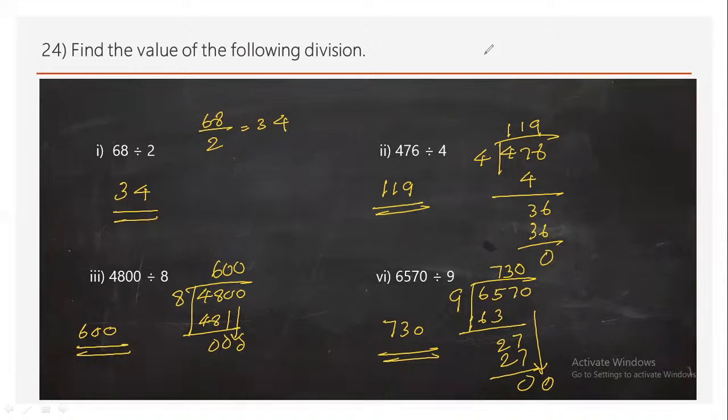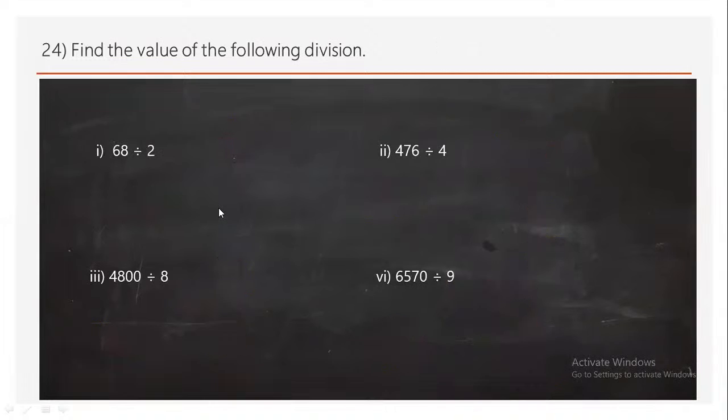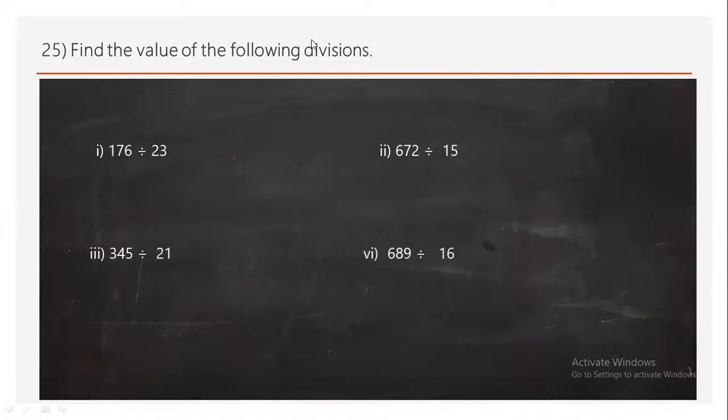Question number 25. Here 176 divided by 23. Follow the long division method, 23. Then nearly just imagine 400, how many 25s? There are 4.